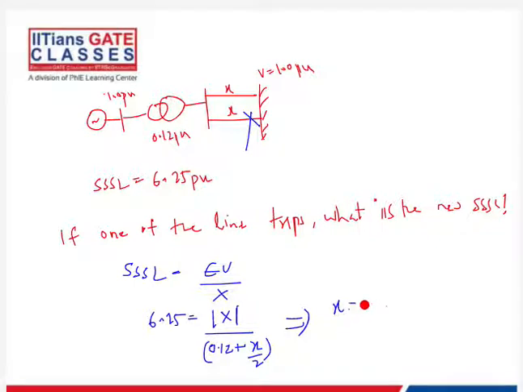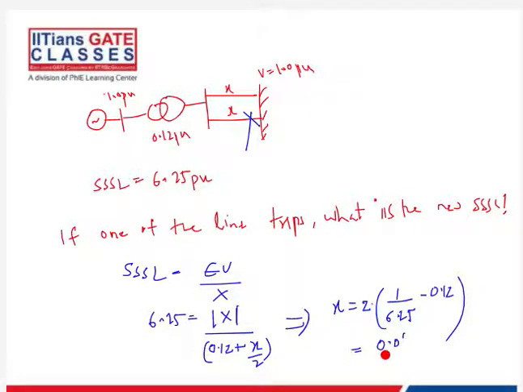X equals 2 times of 1 divided by 0.25 minus 0.12. So you would get this as 0.08.